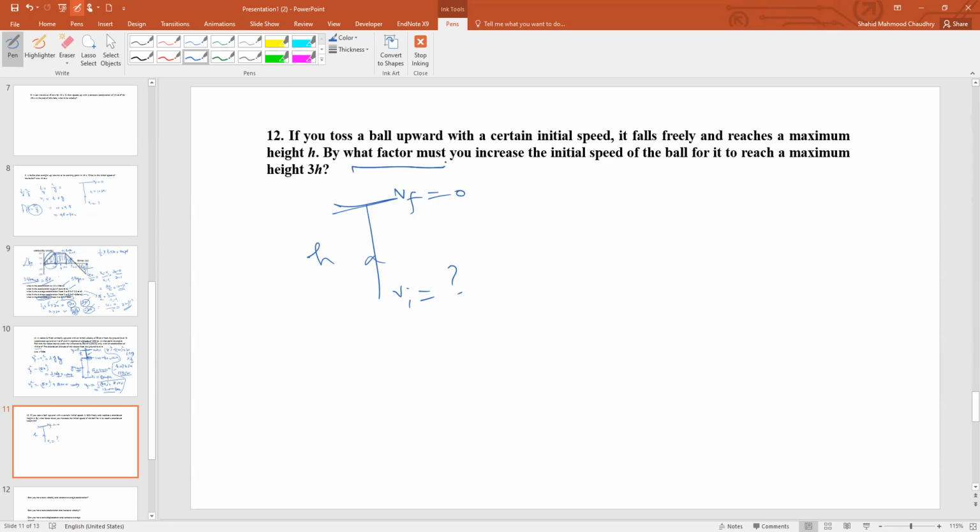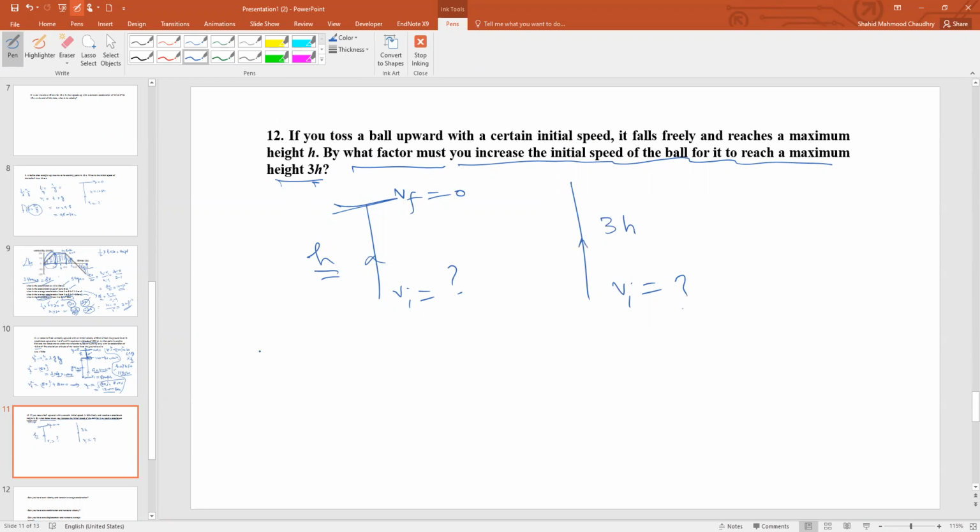By what factor must you increase the initial speed of the ball for it to reach a maximum height 3h? He is asking, if this is h and now this is 3h, what will be the vi? This we have to find. Here they don't give any data, so you just solve it in general form.